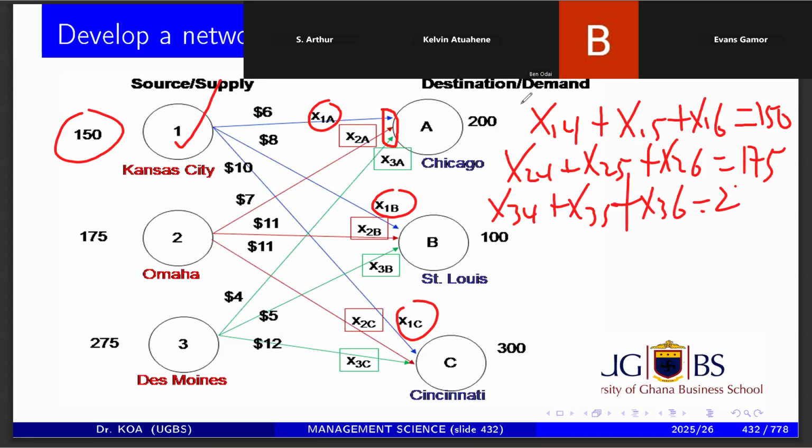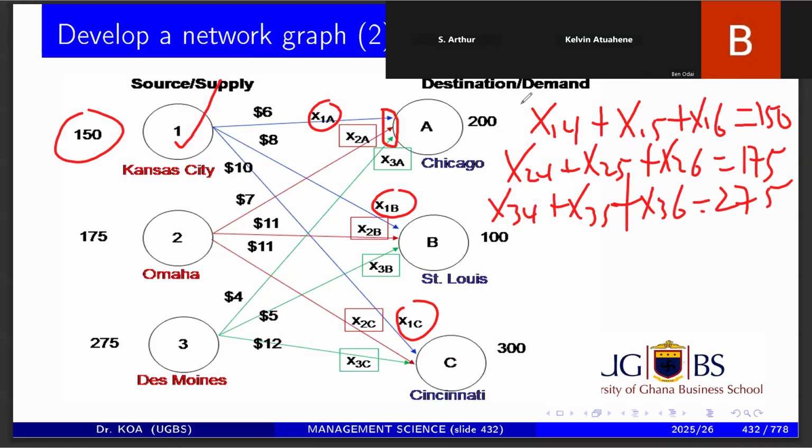Very good. Who can do the fourth one for us? The fourth constraint. I will expect some numbers to go down. Be careful. So I have x14 plus x24 plus x34 equal to 200.